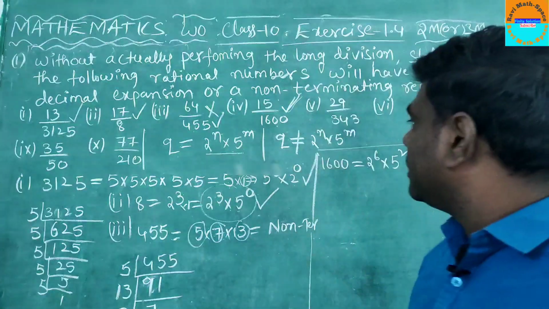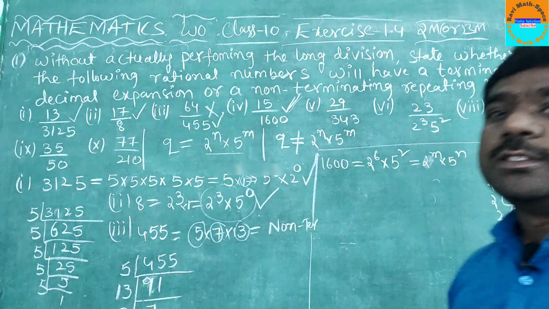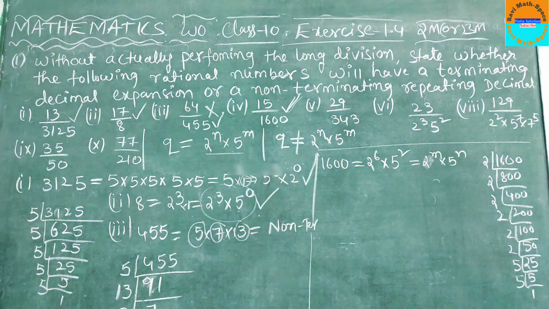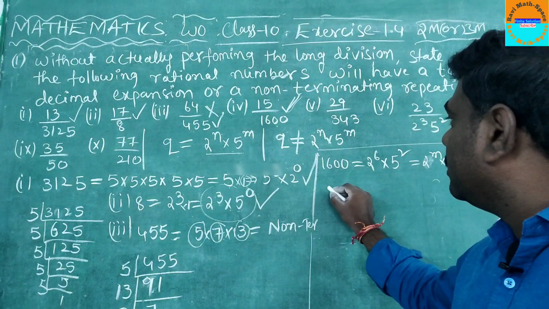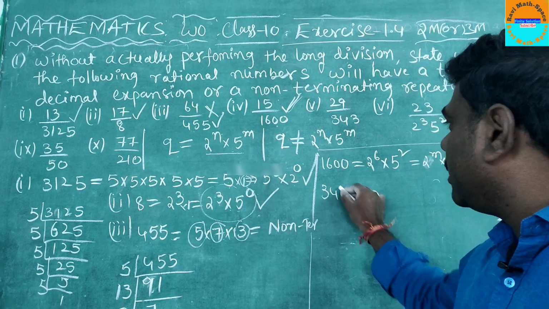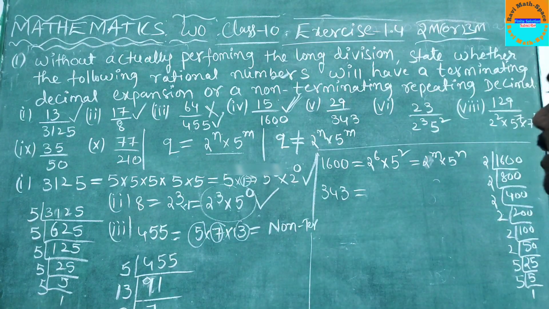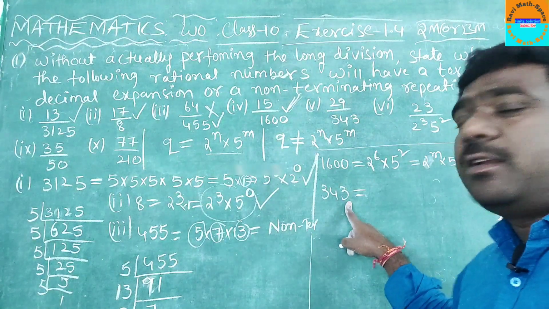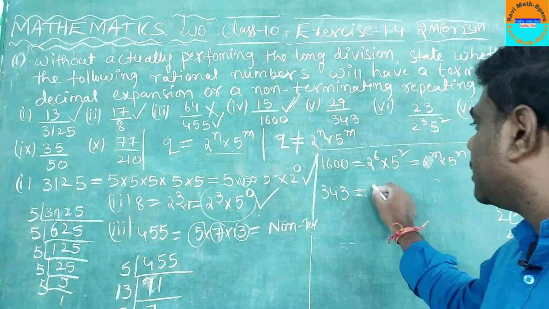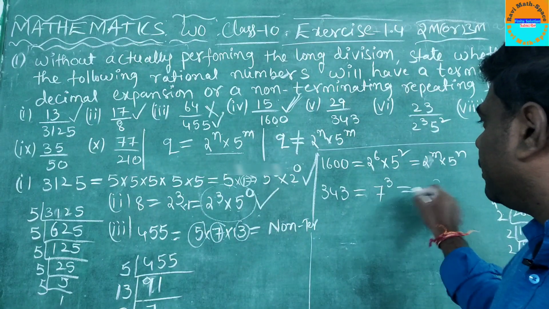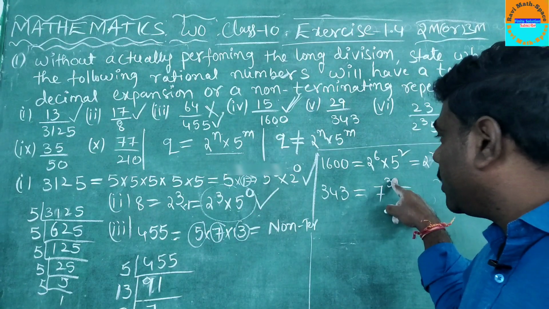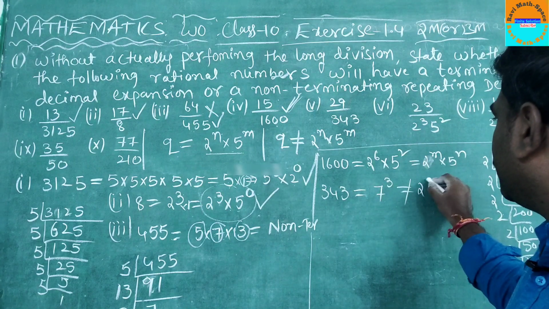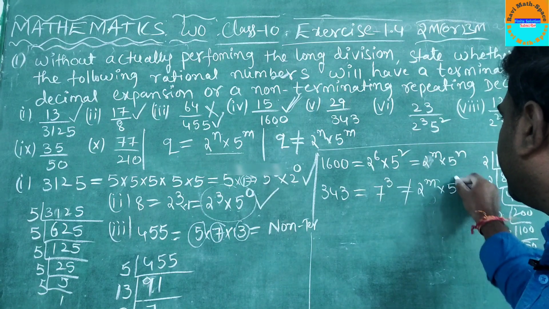Terminating decimal expansion. Okay. Next problem is 343. So the denominator is 343. What is the prime factorization of 343? Already we know 343 is 7 cube. So the prime factorization of 343 is 7 cube. It is not in the form of 2 power m into 5 power n.